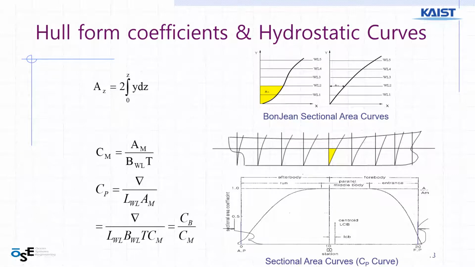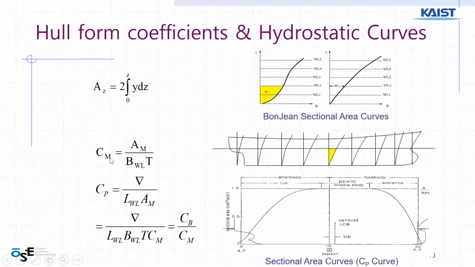But then computers came, and the computer replaced this Bonjean sectional area calculation. And nowadays more advanced calculation methods have been developed. We don't know how the computer is doing it, but basically the idea is the same. Area is integration, right?